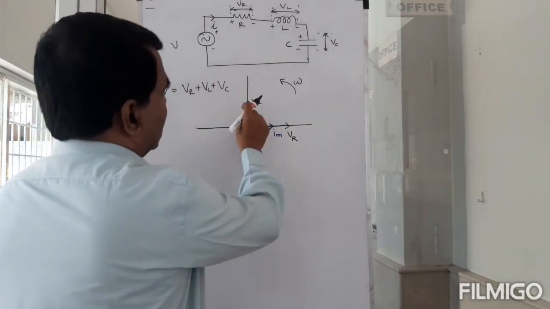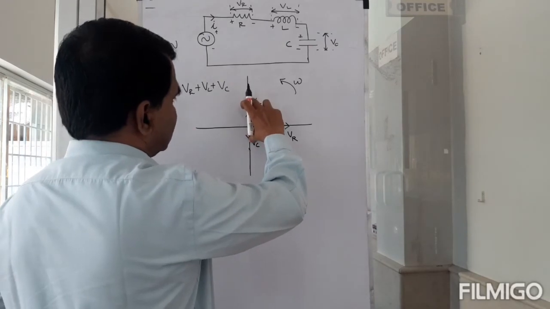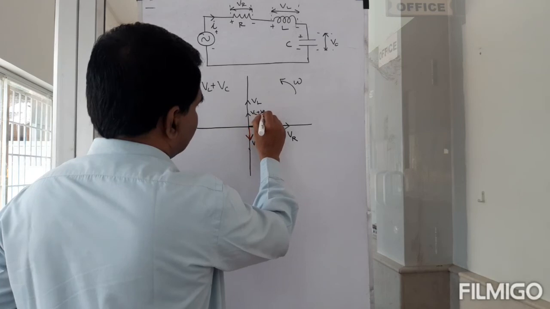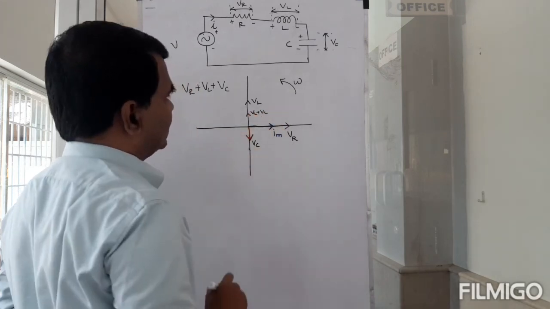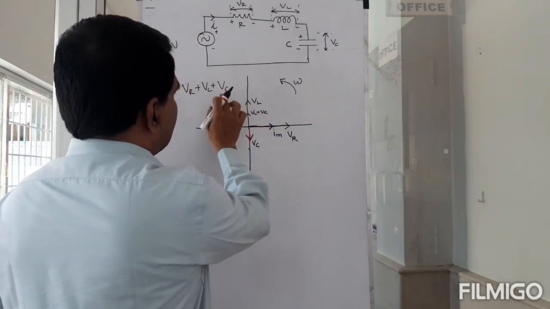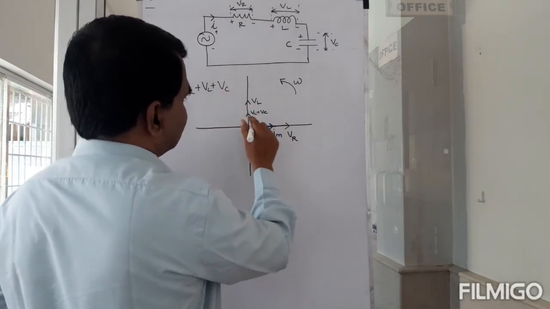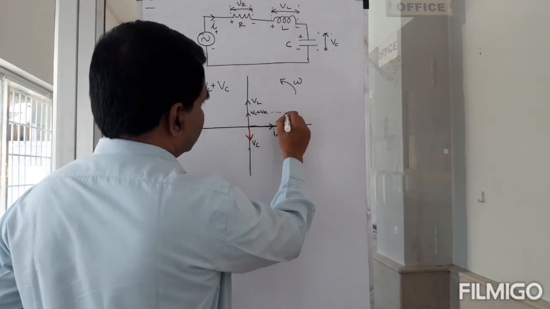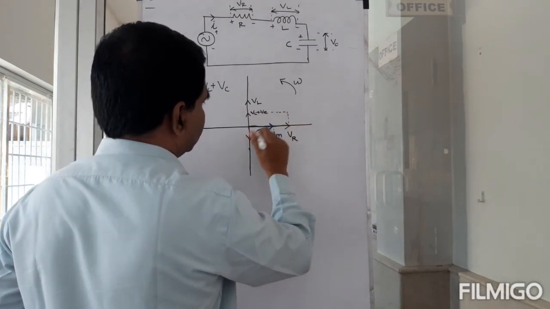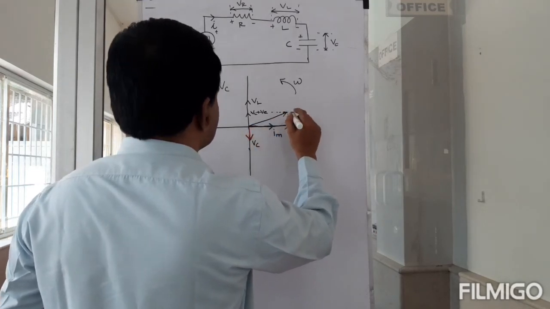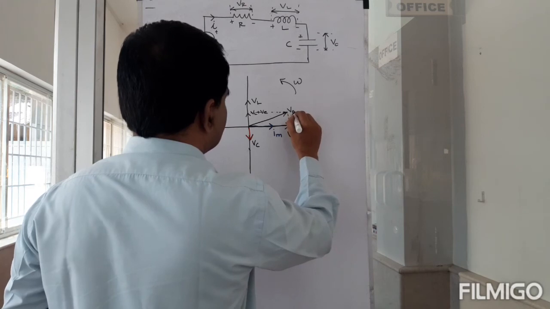This is VL plus VC. This is the vector I get, and this has to be added with VR. VR is here, so this must be your Vm.